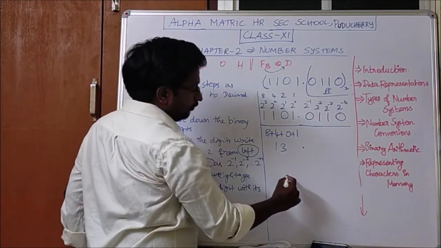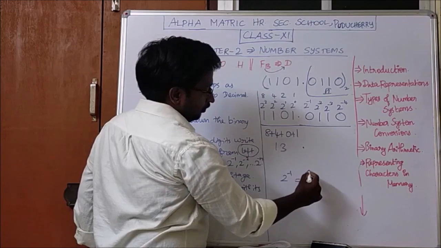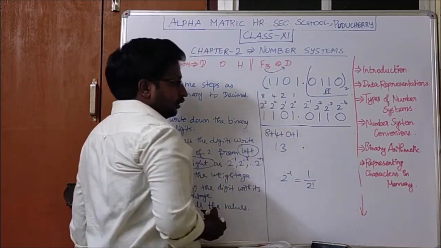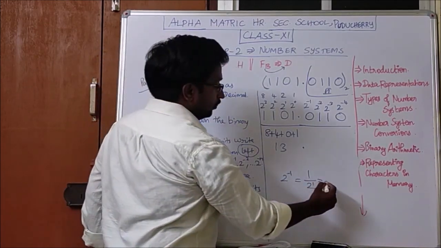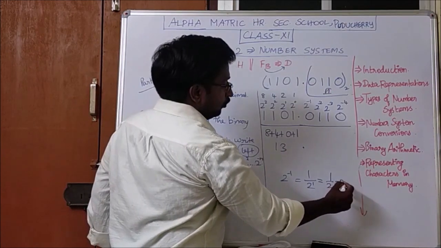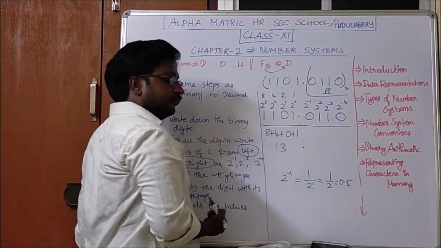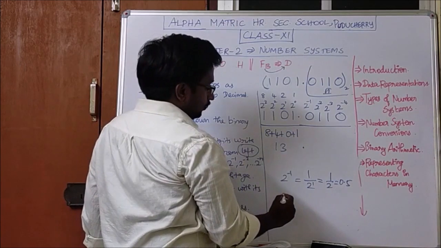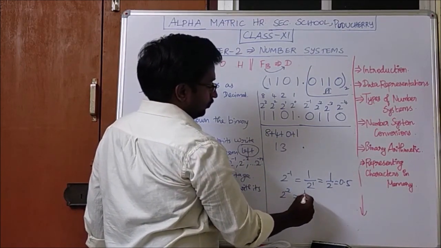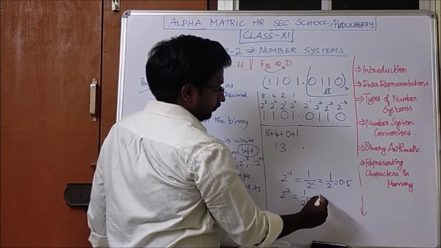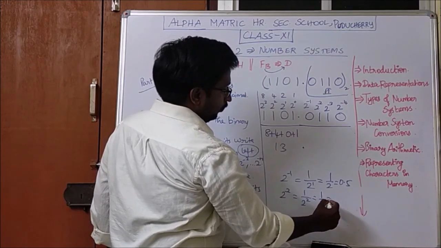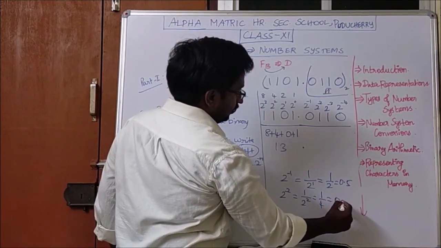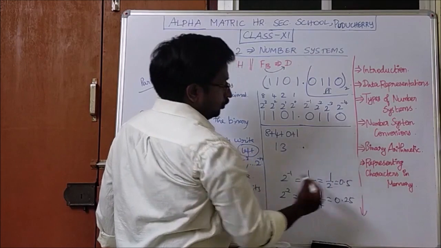This 2 power minus 1 means 1 by 2, that is 0.5. Whereas 2 power minus 2 means 1 by 2 square, 1 by 4, that is 0.25.